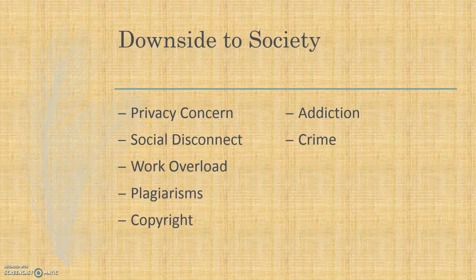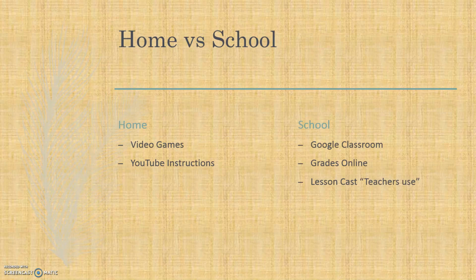There's a lot of games and a lot of bad things that you can do on the internet. So you want to make sure that your students are not doing that. If you do it too much, your students will get addicted. The crime. There's a lot of crime online, and that's a toss up.